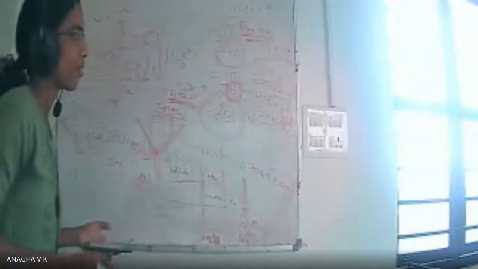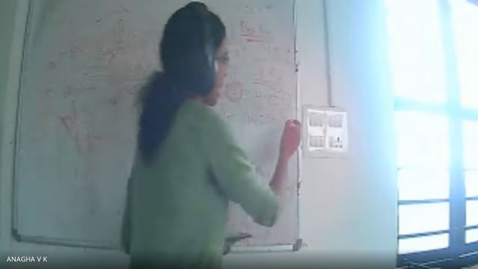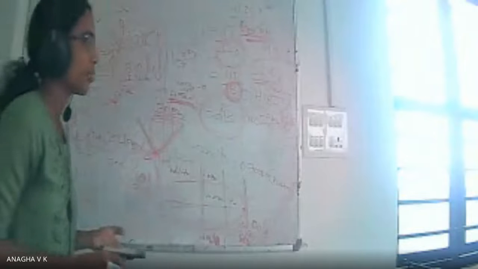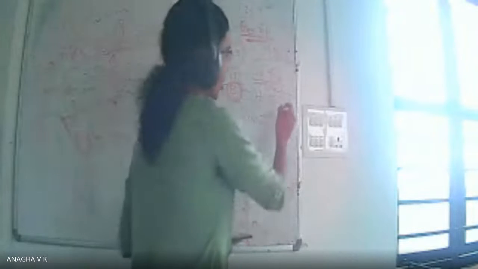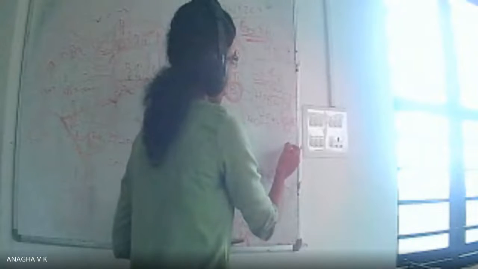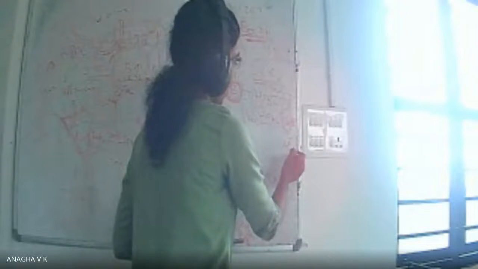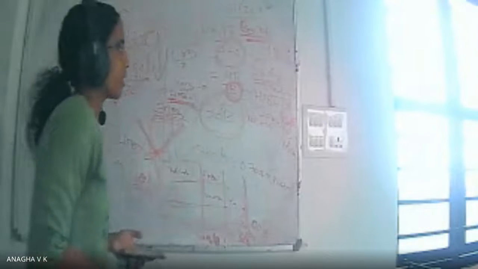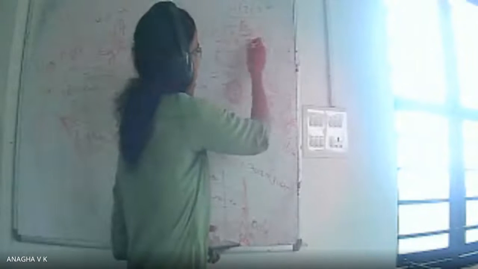H means the magnetic field plane. So B is theta E into theta H.